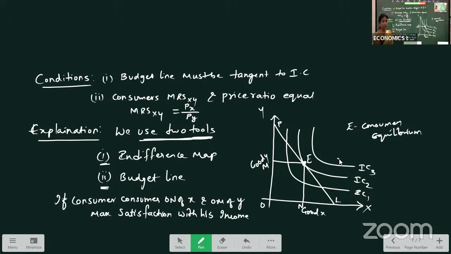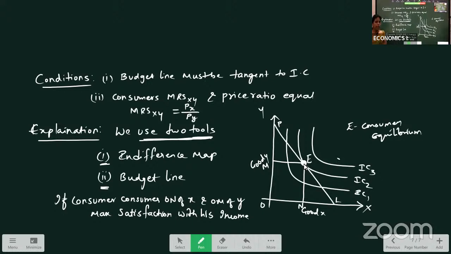In consumer equilibrium, equilibrium means how much money we are spending should be equal to the satisfaction we are getting. That is what we are getting at this point E. That's why we call it equilibrium. Okay, so this is the consumer's equilibrium using indifference curve analysis.